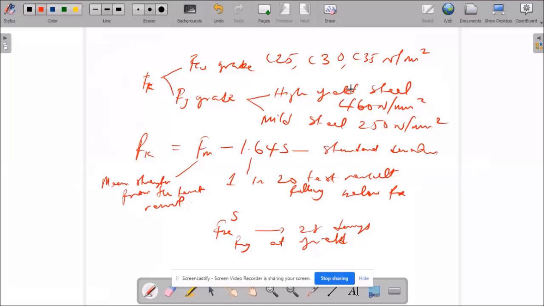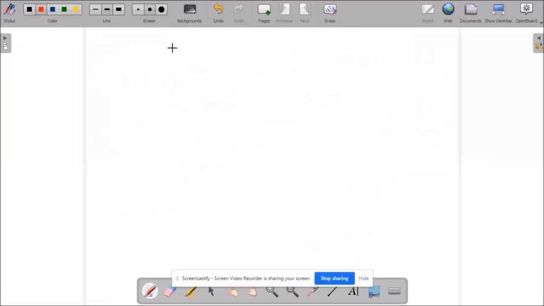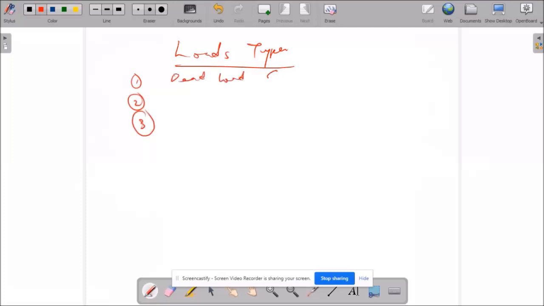Next, we look at load types. We consider three types of loads: 1, 2, 3. We talk about the dead load, which we denote by GK.